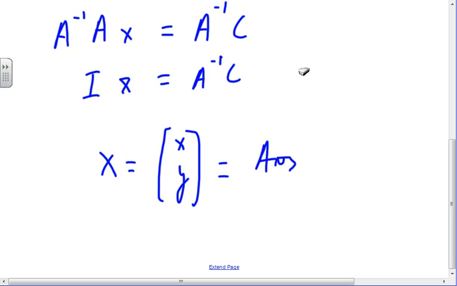Now, clearly there are easier ways to solve two equations, two unknowns, right? But what if I had 10 equations, 10 unknowns? Would it be easier to find the inverse matrix and multiply it by C? Well, it might be. Anyway, we're in chapter 15, so there's no reason we can't do these things.